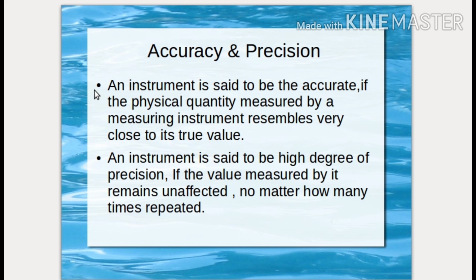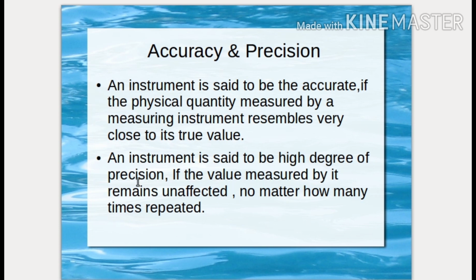So we are making an instrument that resembles the same instrument, and when that instrument measures the height, the length, if the length is much resembling the original or true value, then the instrument is said to be accurate. Understood? So let us move to precision.